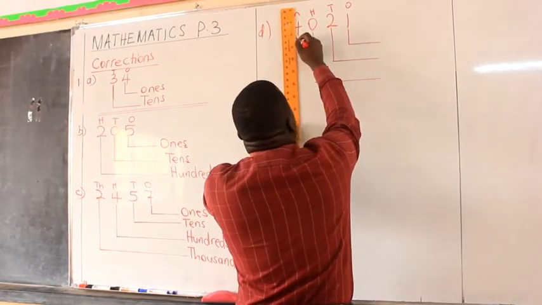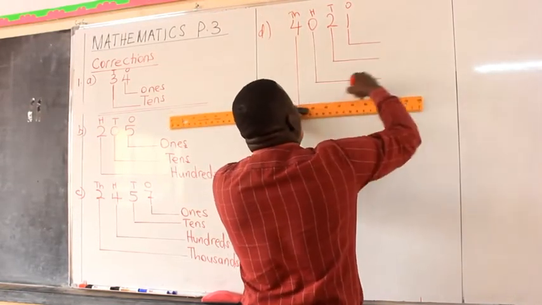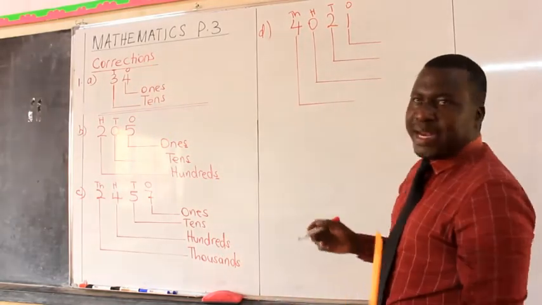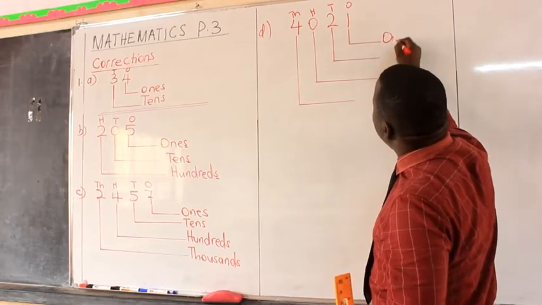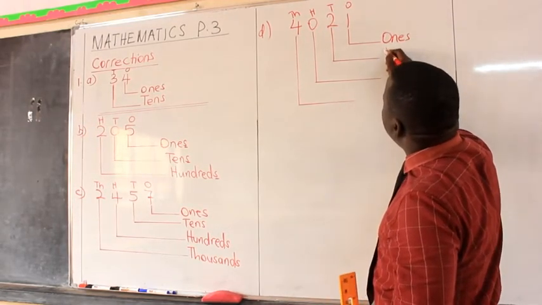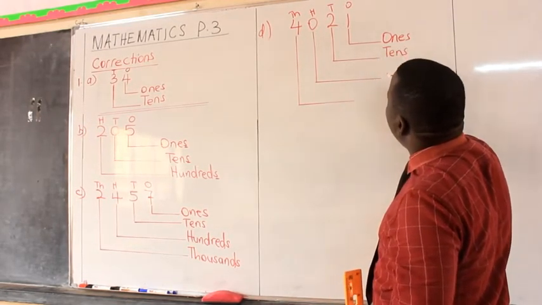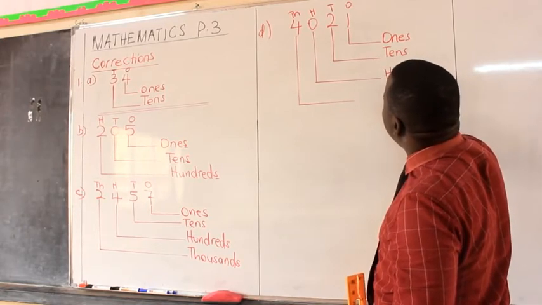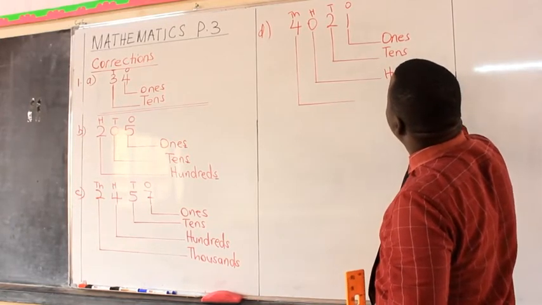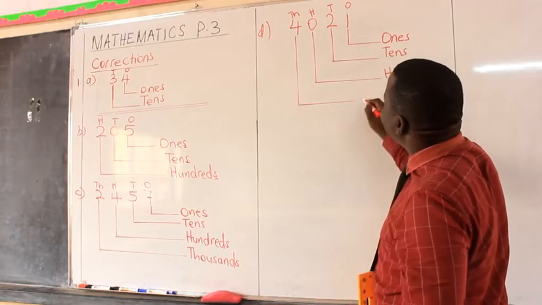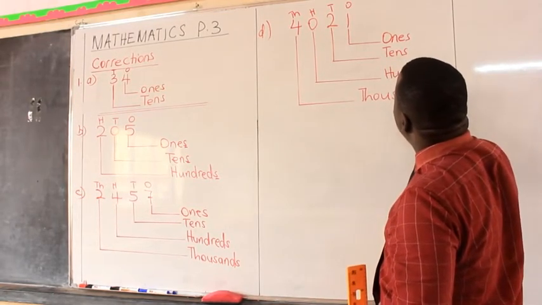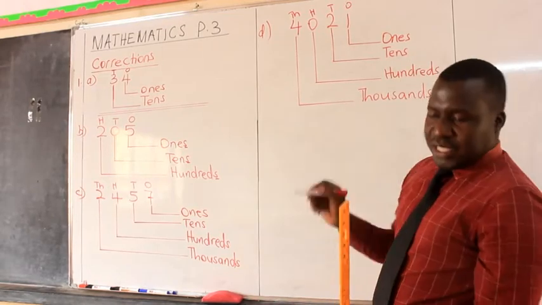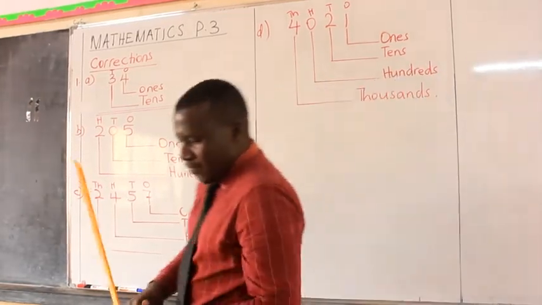Then this is the thousands. So let's write the place values. We have ones, tens, hundreds, then thousands. So those are the place values of the numbers.